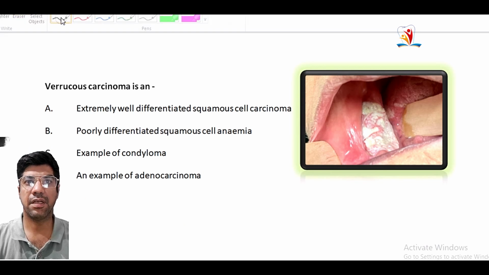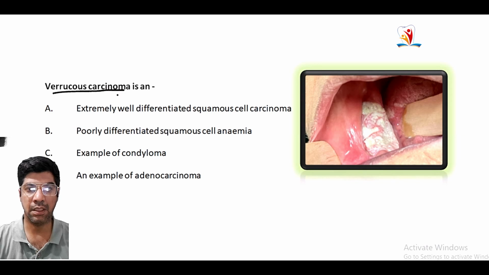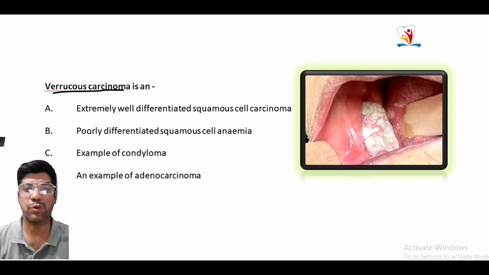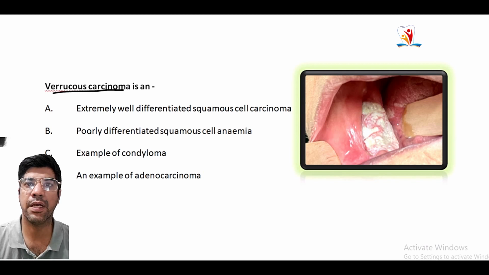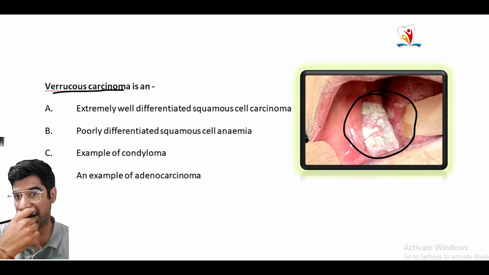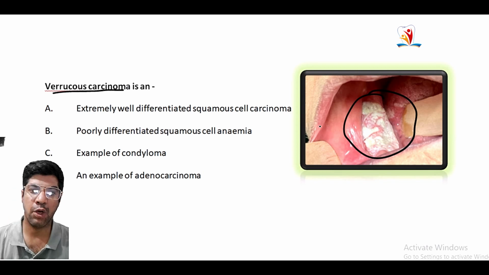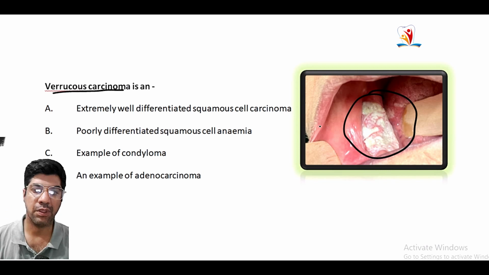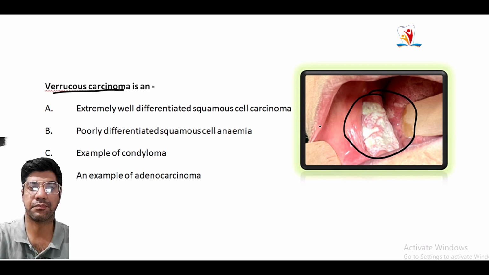Verrucous carcinoma: remember, it is a well differentiated variant of squamous cell carcinoma. It is characterized by a slow growing, exophytic and locally invasive nature. Verrucous carcinoma has a lower malignant potential as compared to squamous cell carcinoma.